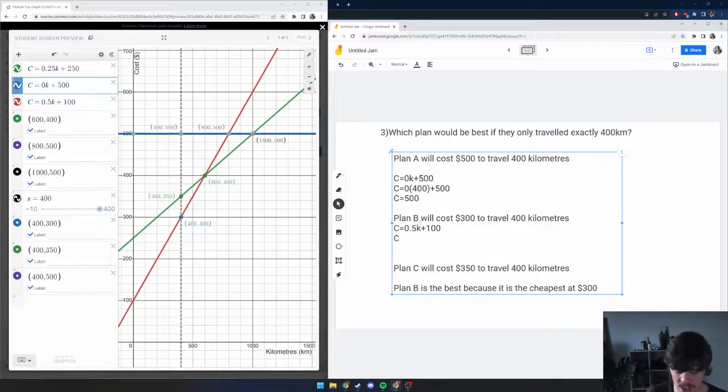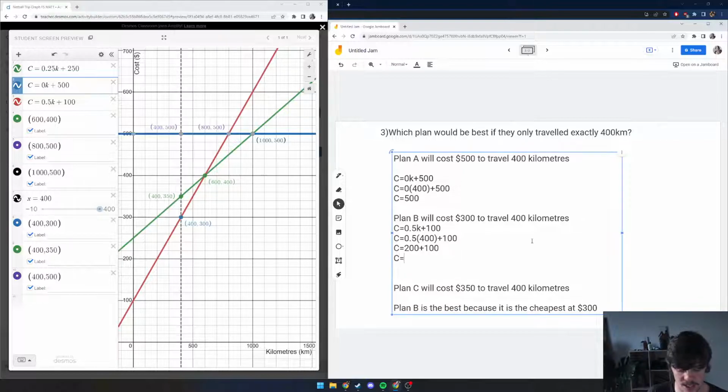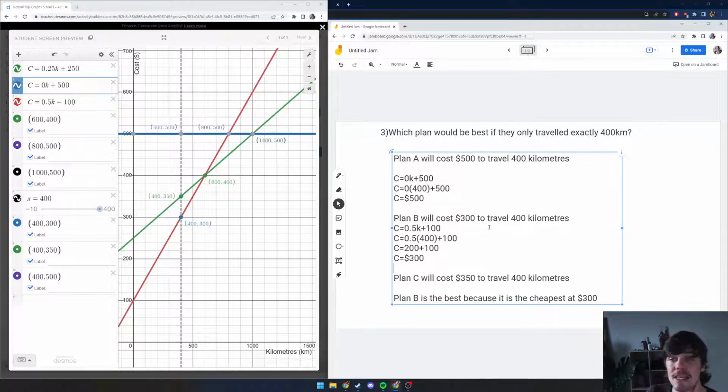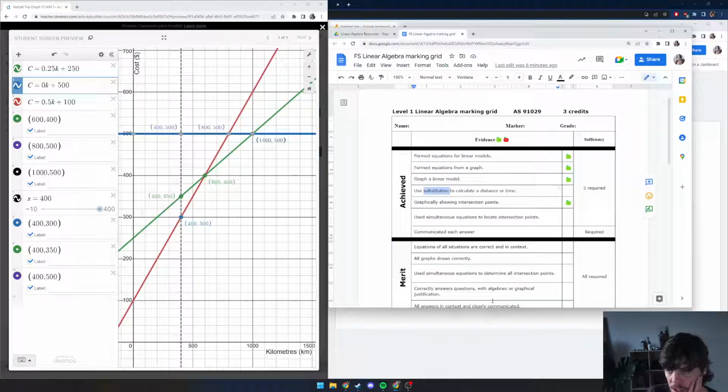We're substituting in 400 kilometers: 0.5 times 400 is 200, so it's 200 plus 100, and C is equal to 300. So that would be how you use substitution to solve those. But remember, the other option is to just look on the graph. So we've done substitution now. Let's just tick that off.